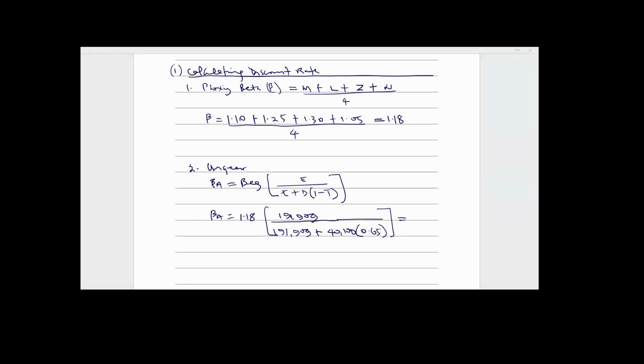I have 0.65 multiplied by 40,100, plus 191,909 equals 217,974.